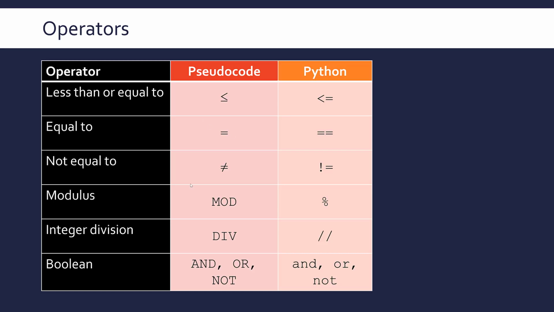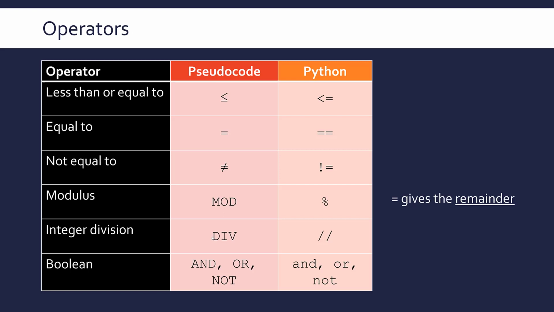And likewise, not equal to, we can't really access that key very easily. So in Python, we do exclamation mark equals for not equal to. Now, mod and div can be a bit confusing. So mod is giving you the remainder from a division, and the % sign is what is used for that in Python. Now, div looks like a short for division, which it kind of is, but div on its own will be integer division.